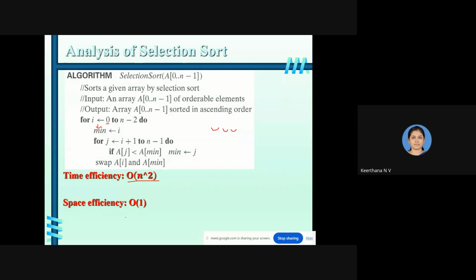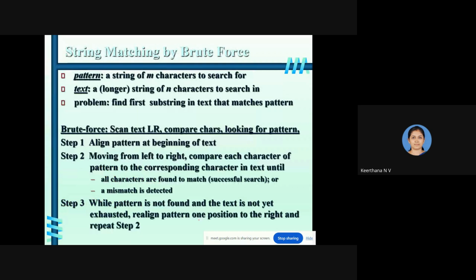The space efficiency is order of 1, because the sorting is done within the array. Only one array is involved while you run this algorithm, so the space efficiency is order of 1. So this is the algorithm of selection sort.